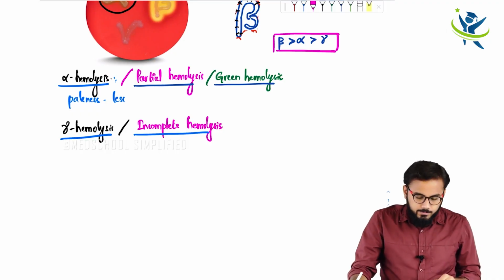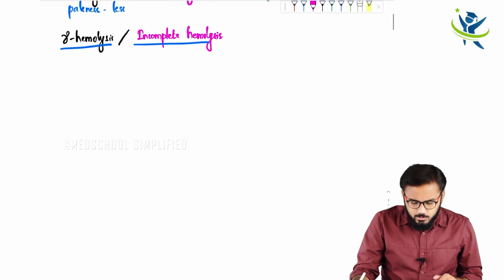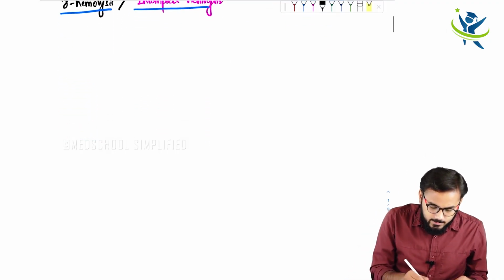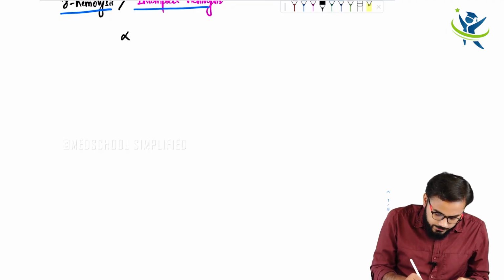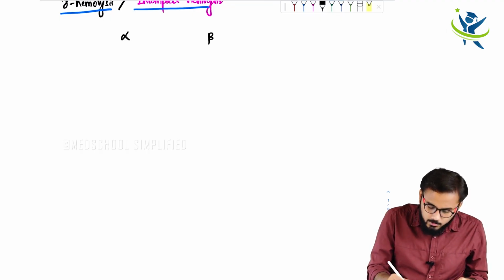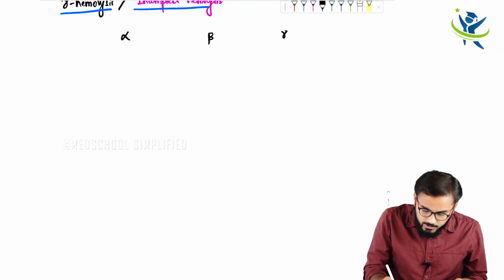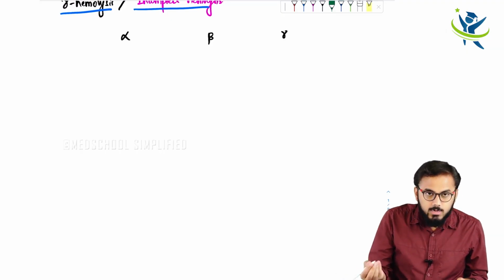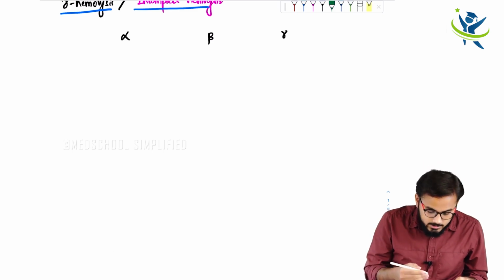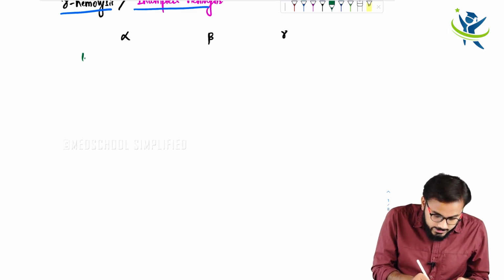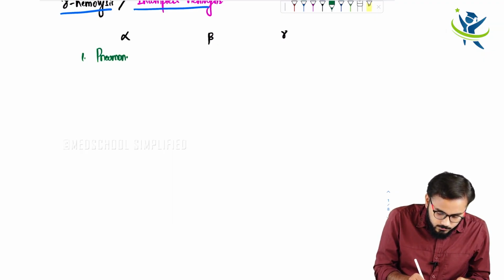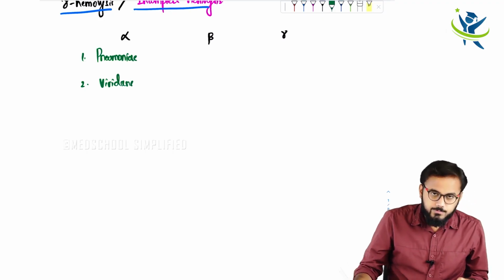Okay. Next. What are the examples of these bacteria? Let us say alpha hemolytic, beta hemolytic and gamma hemolytic bacteria. Alpha hemolytic bacteria is also called green hemolysis or incomplete hemolysis. The bacteria are Streptococcus pneumoniae and Streptococcus viridans.